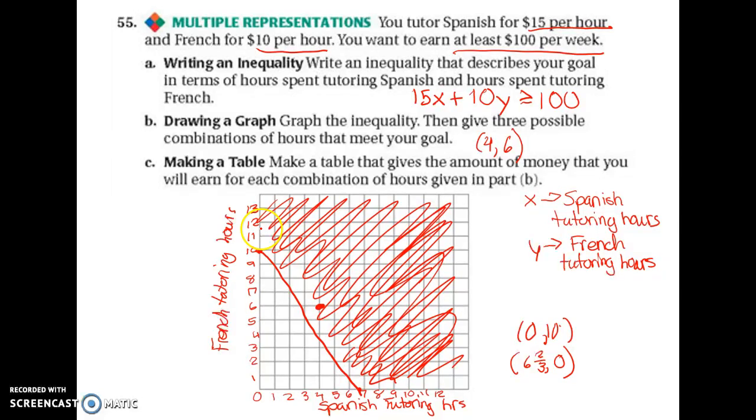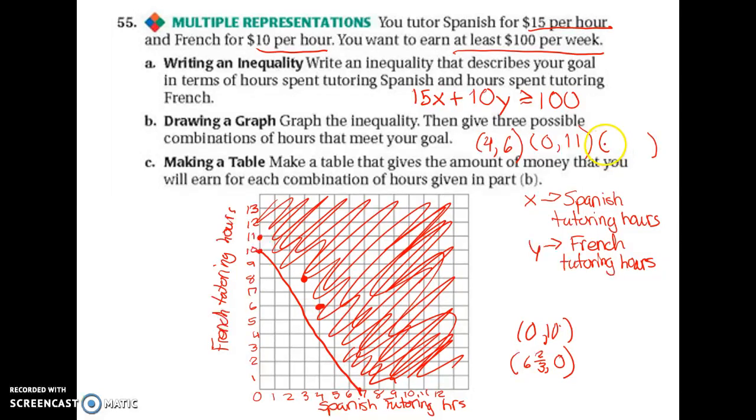I could also tutor, if I wanted to, this possibility up here, which would be 0, 11, which would be 0 hours of Spanish, making that 0, and 11 hours of French, making that $110, and that's greater than or equal to 100. There are infinitely many possibilities, so you can just choose whatever ones you want to. Here's another one.